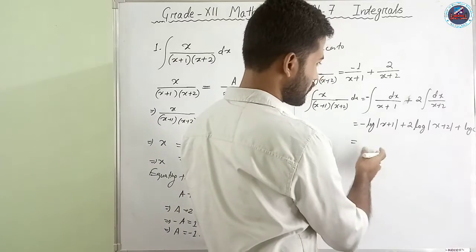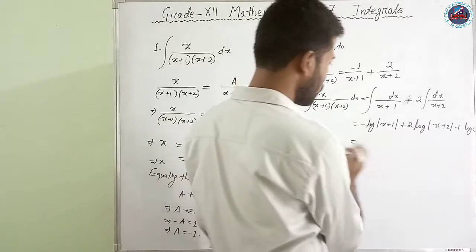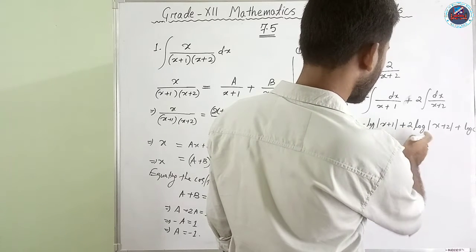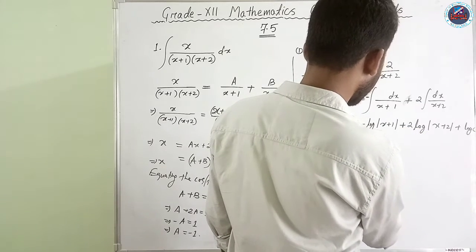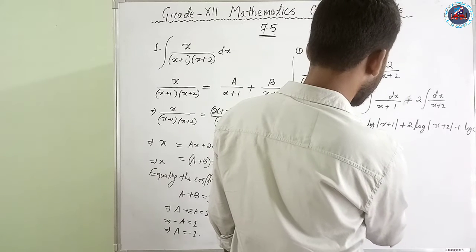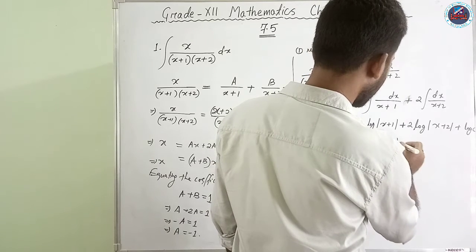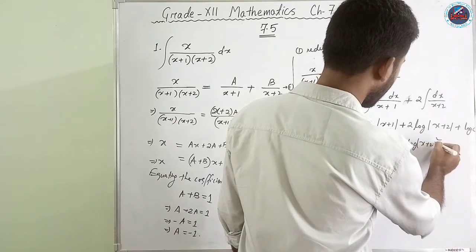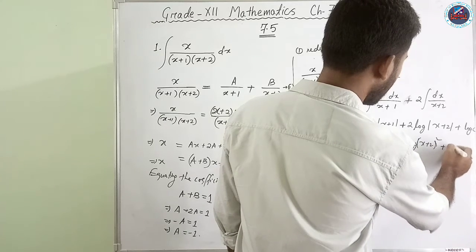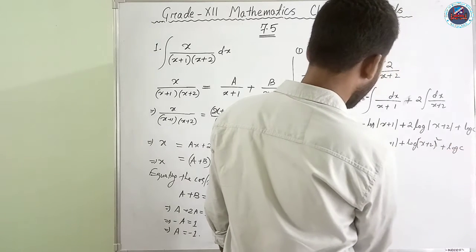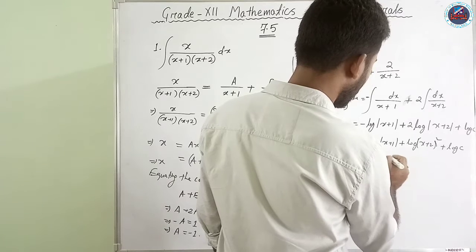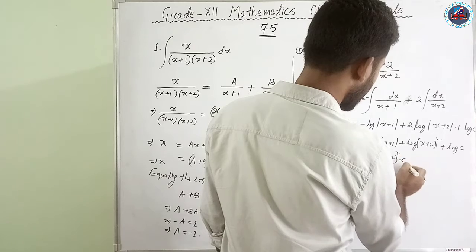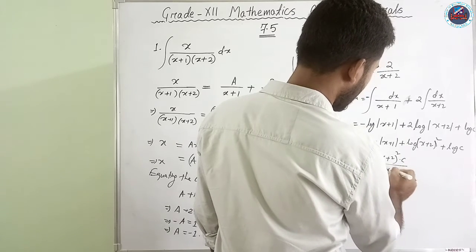Now what to do? It's already done, just you can manipulate the things a bit. Here it is. Fine. So we can write minus log of x plus 1 plus log of (x plus 2) whole square plus log c, and this will be equal to log of (x plus 2) whole square into c divided by x plus 1.